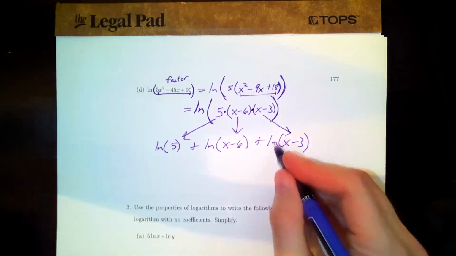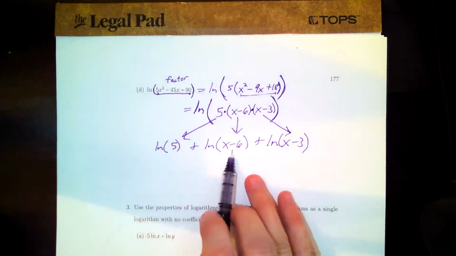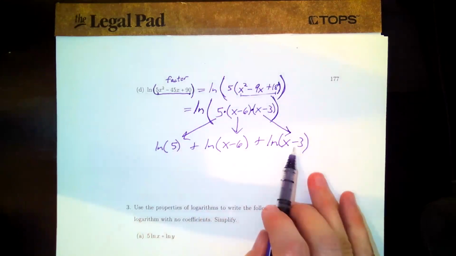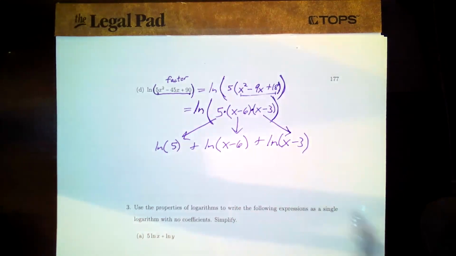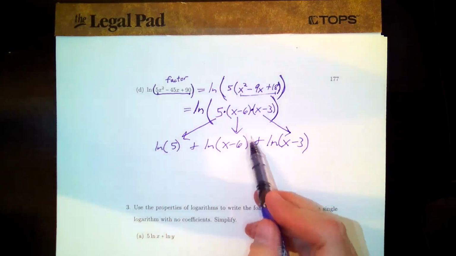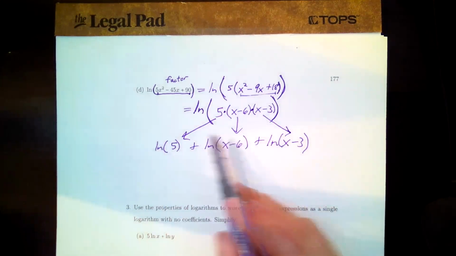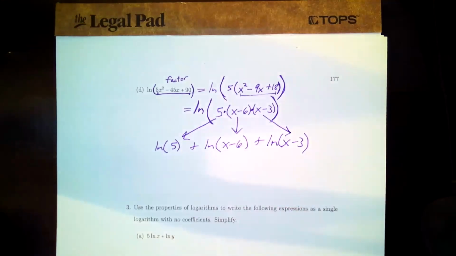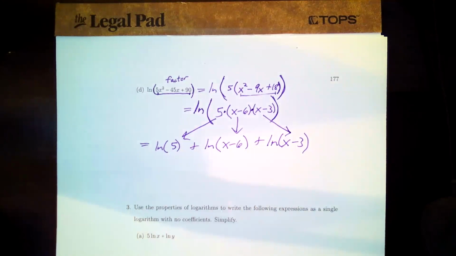And for these, when I look inside the log, no multiplication or division, no multiplication or division, none there either. So none of these 3 will split. And I don't have any powers on the 5 to bring down. I don't have any powers outside of x minus 6 in parentheses to bring down. So there's no powers to plop down out front. So this is as simplified as it's going to get.